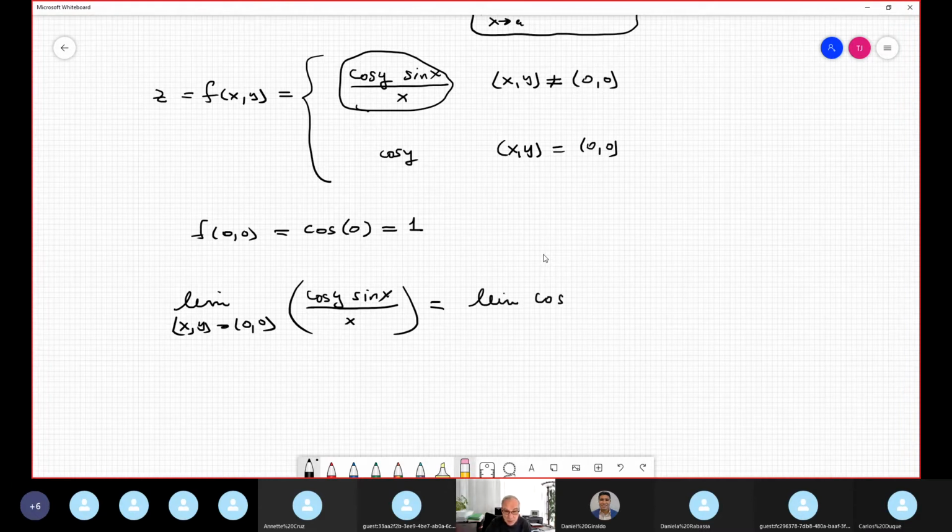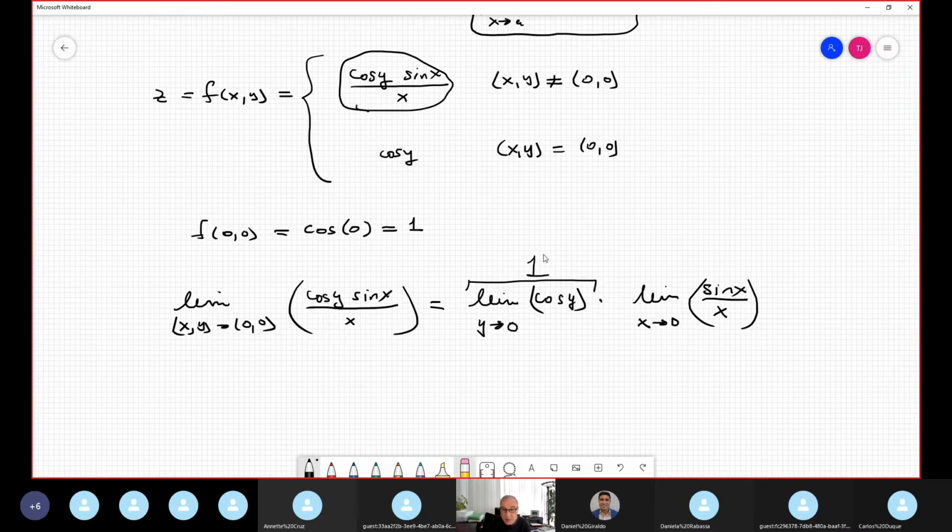You separate cosine y, which depends only on y, so y approaches to 0. Multiplication, limit when x approaches 0 of sine x divided by x. So cosine 0 is 1. That part is 1, that part is 1, the fundamental trigonometric limit, no? 1 times 1 is 1. They are a perfect coincidence between the limit and the function evaluated. Now this function is continuous.